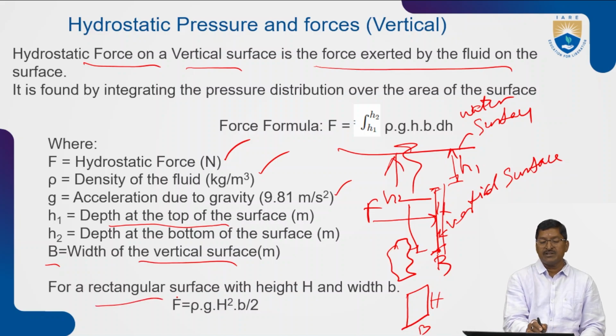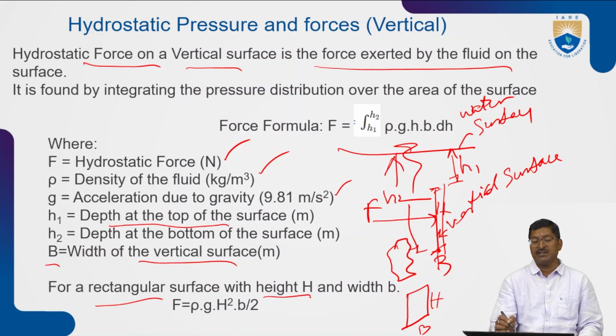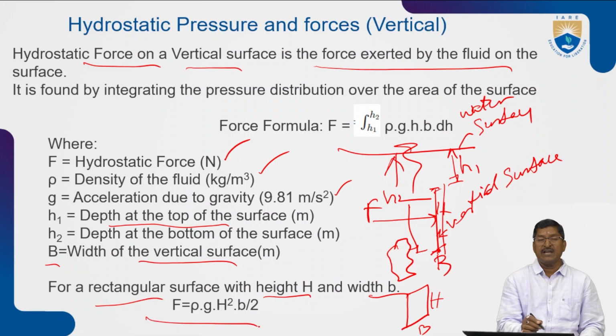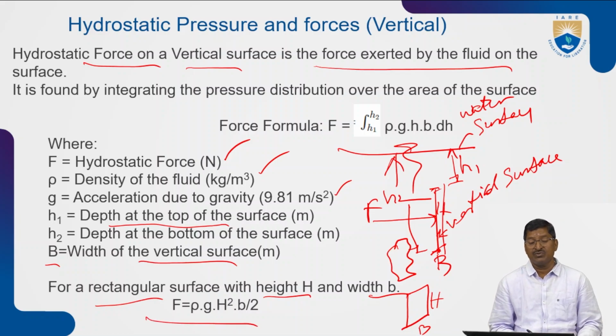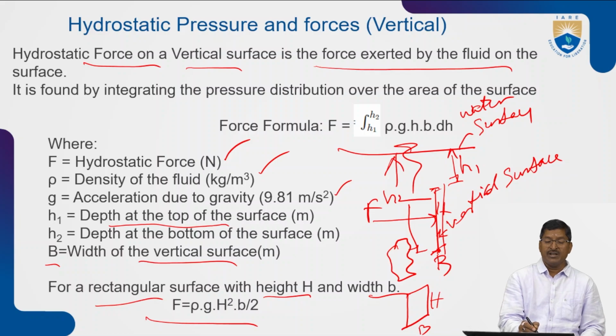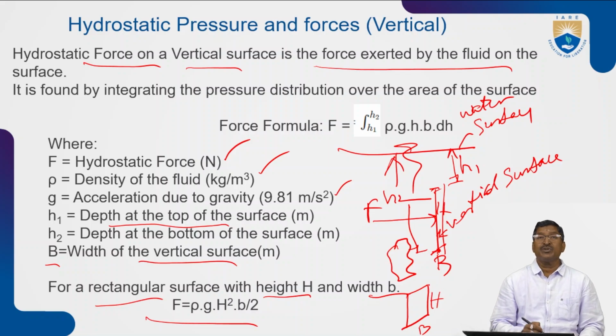For a rectangular surface with height H and width b, the force acting on the vertical surface is rho g h square into b by 2. Here the pressure is rho g h, where h is the depth of the vertical surface, and b is its width.